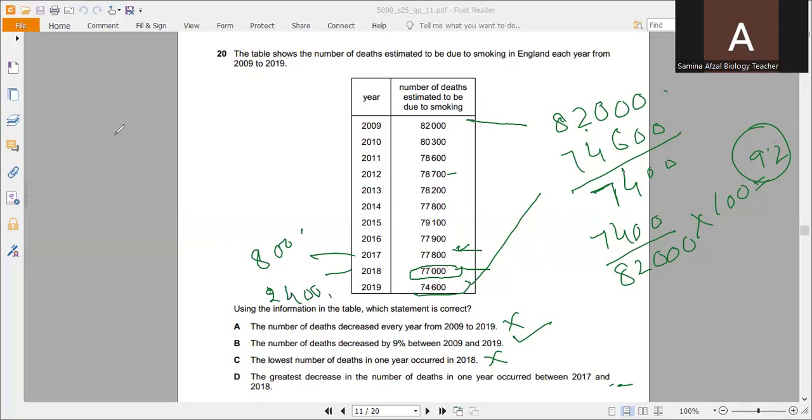So the greatest decrease actually occurred between 2018 and 2019, so this is not the correct option. B is the correct option, and all other options are not correct.